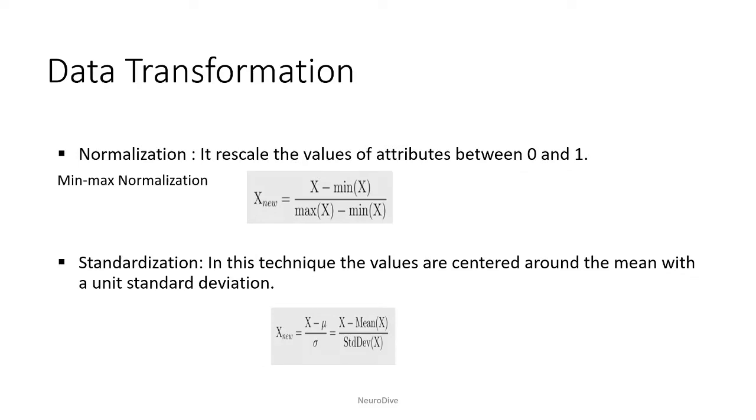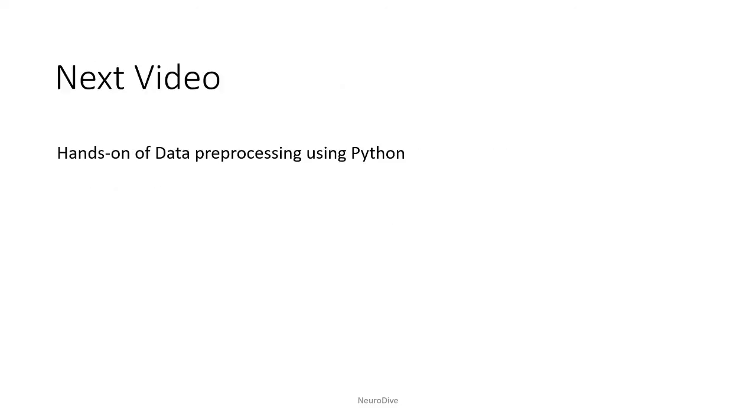This is just an example, but each data set has different issues and challenges that we have to handle before feeding the data to our model building. This is just the theory that we discussed today about data preprocessing. In the next video, we are going to see the hands-on using Python.